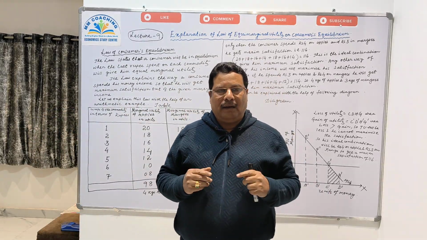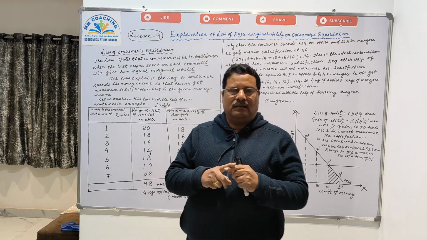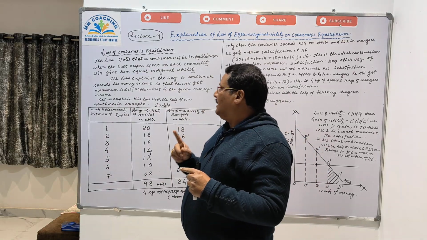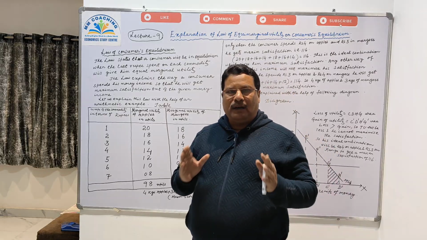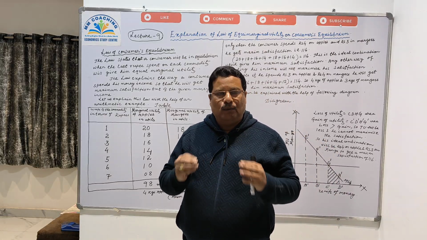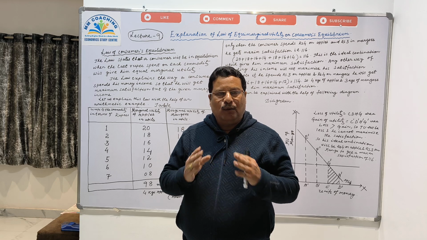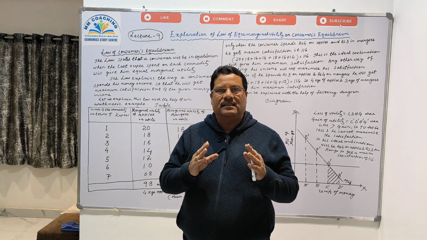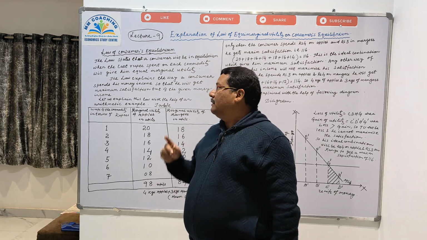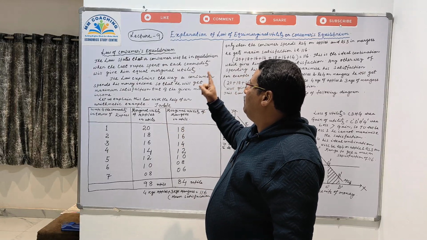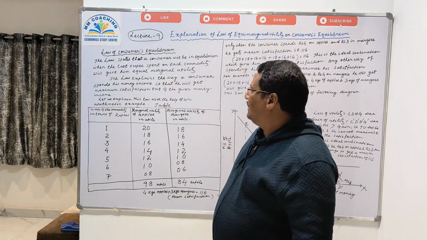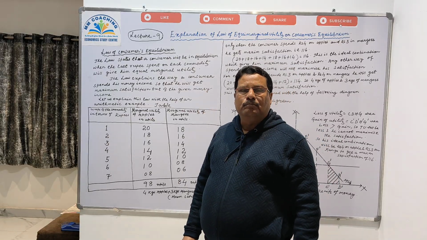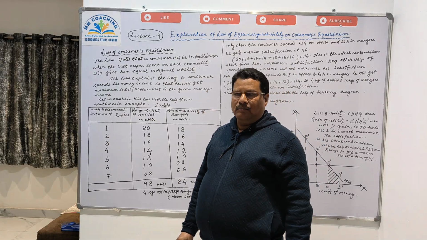So in the last rupee, if marginal utilities of different commodities will be equal, same marginal utility, then he will be in equilibrium and he will get maximum satisfaction.